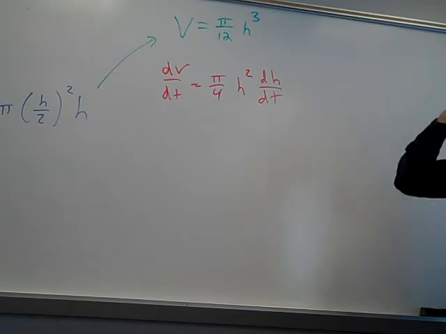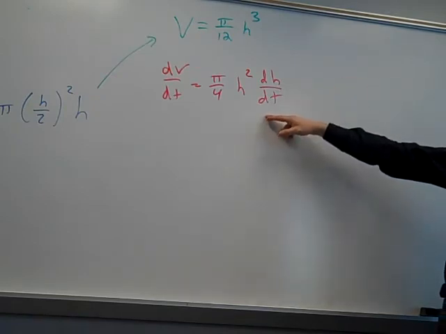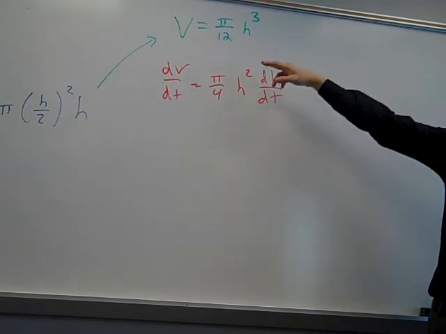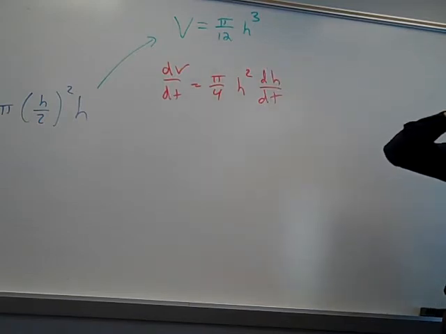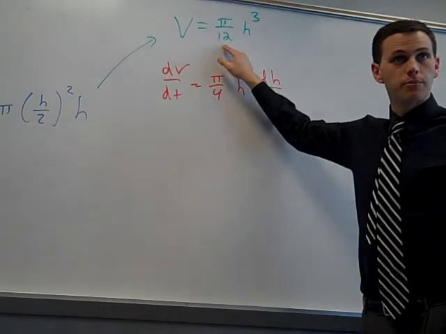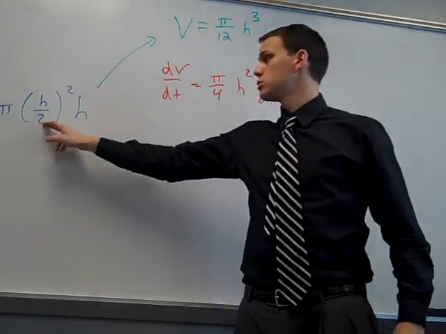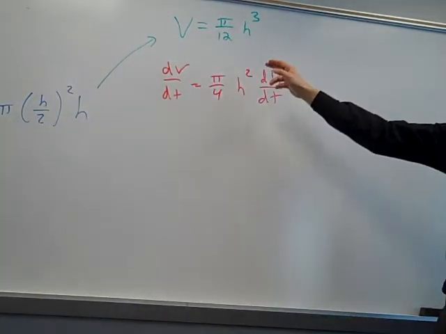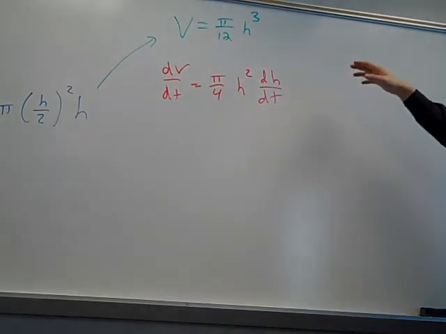And this is a lot nicer. Any questions on how I took the derivative there? I'm just doing the power on my head. 3 over 12 is 1/4, and 12 came from 2 squared times 3.